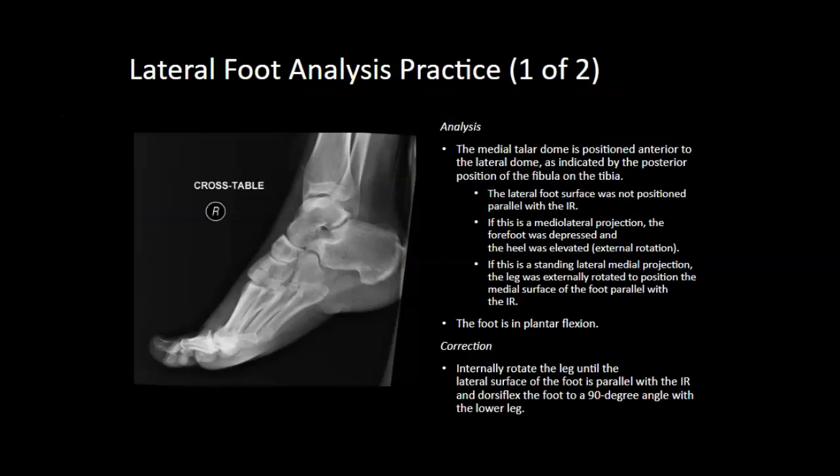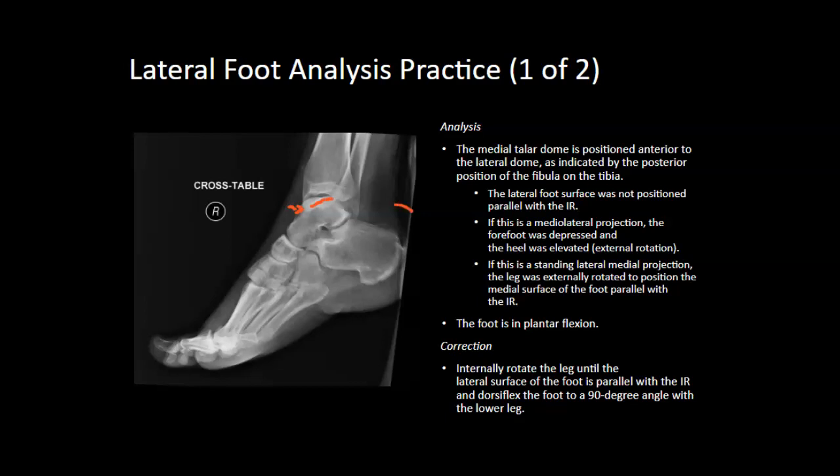So let's look at our first practice analysis. Looking at this practice analysis, you can see that the medial talar dome here is positioned anterior to the lateral talar dome, right here.